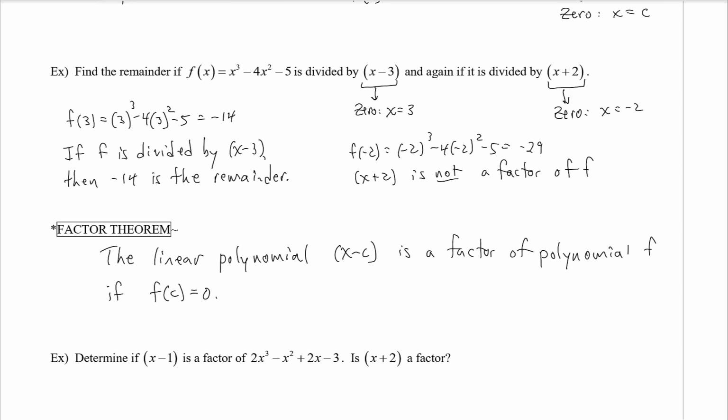In other words, it's just what we said up here. If I take the 0 from this linear polynomial and plug it in, the y value I get back out is going to be the remainder when I divide. If that remainder is 0, I just found a factor.